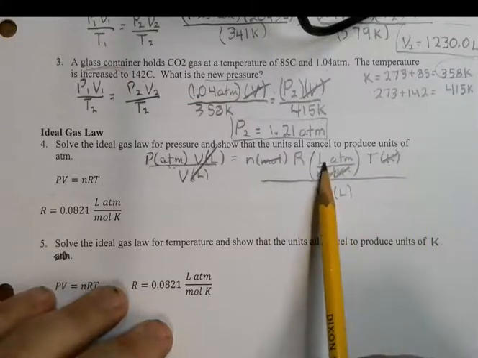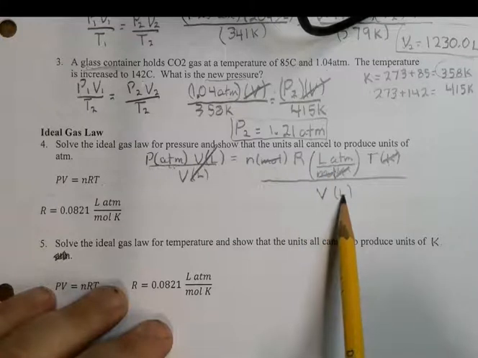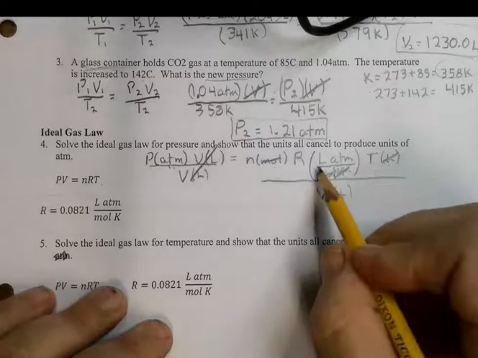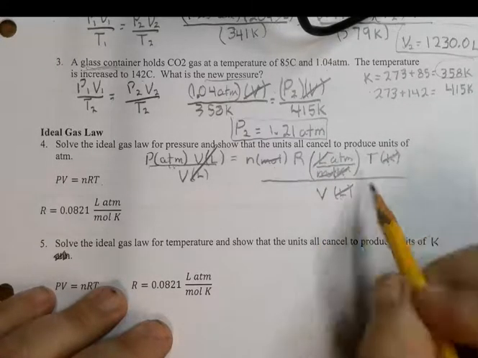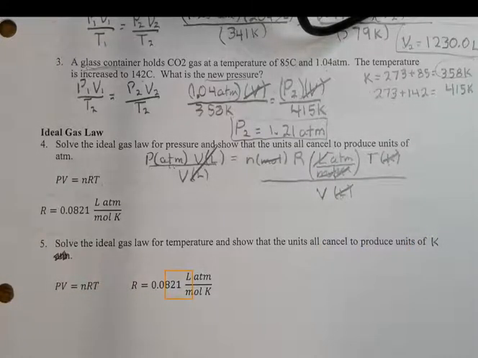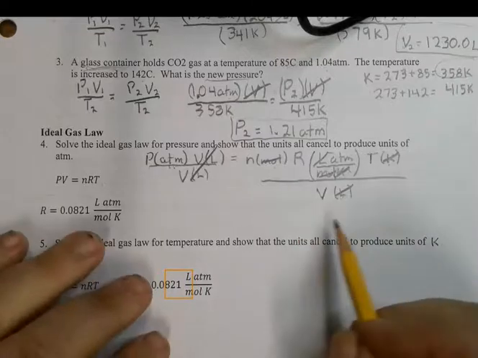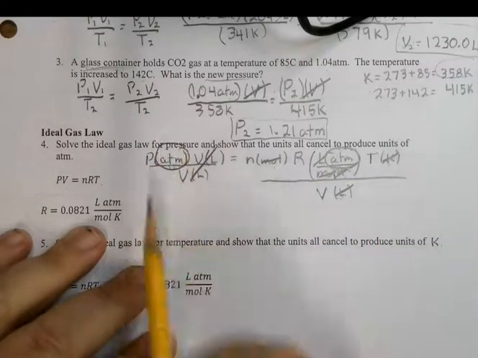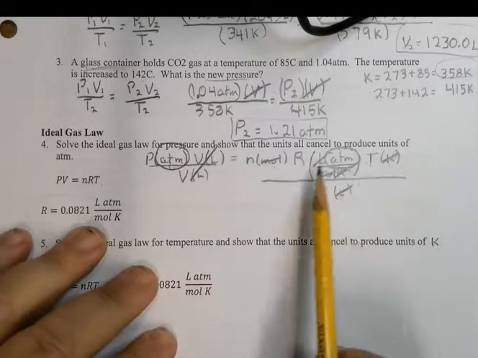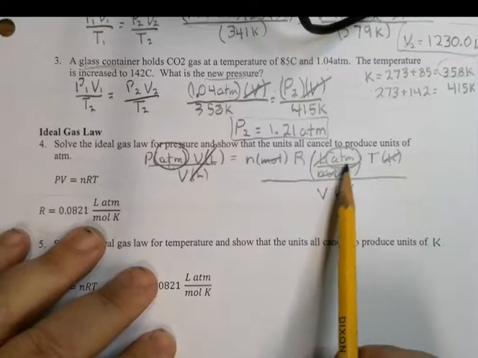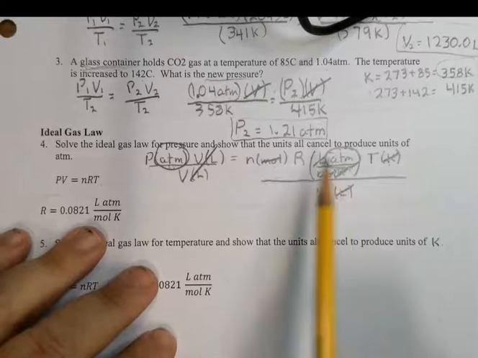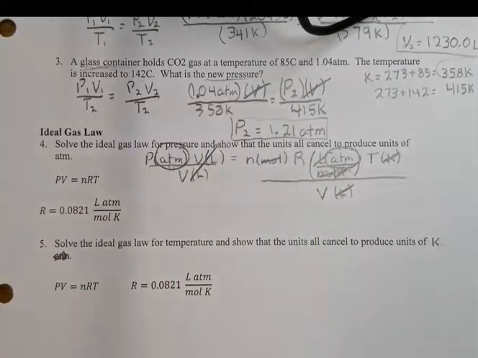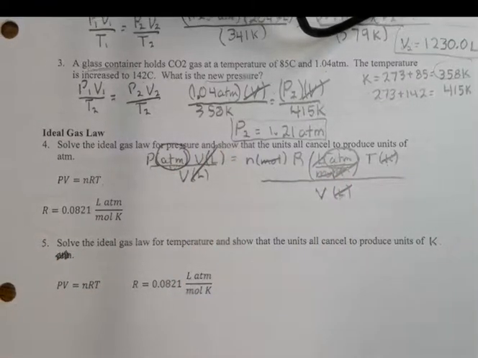So the liters is in the numerator of a numerator fraction. The liters down here is in the numerator of a denominator fraction. So those will cancel. And if you need practice with that, you'll get used to that. So liters cancel. So the only thing we have left standing is atmospheres, and that's what we want our final answer to be. So the R made everything cancel out over here except the one we wanted to end up with, the last man standing there, and that's atmospheres. So that was the point of that problem.